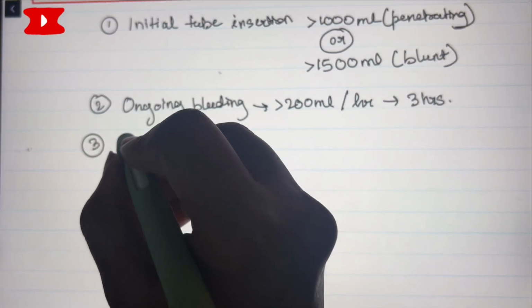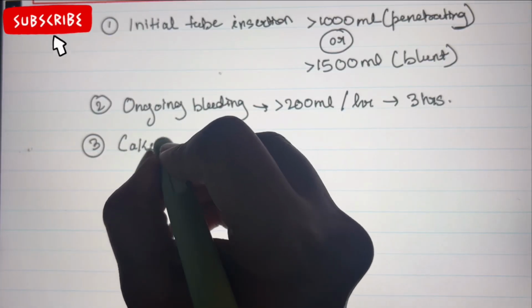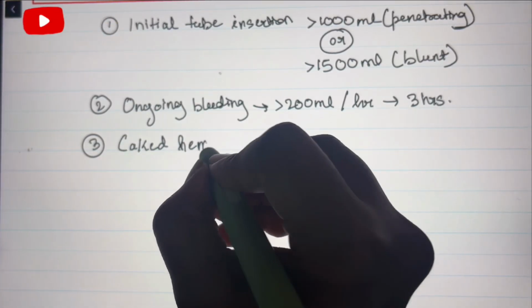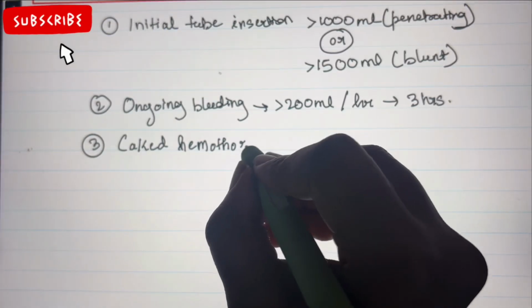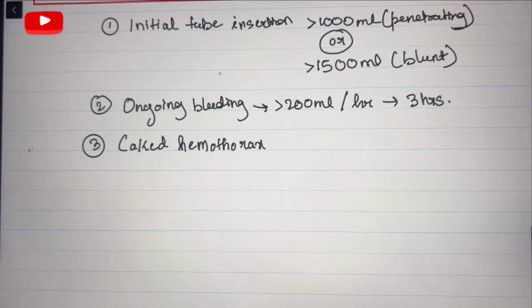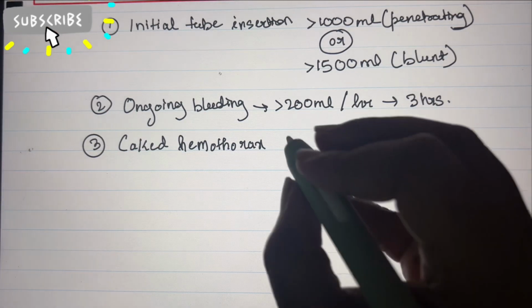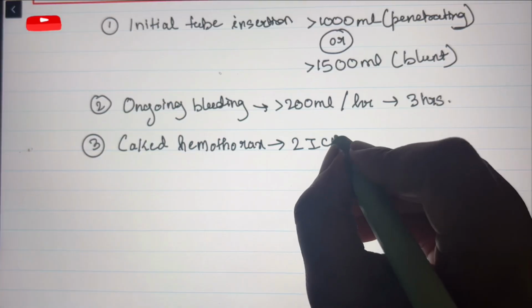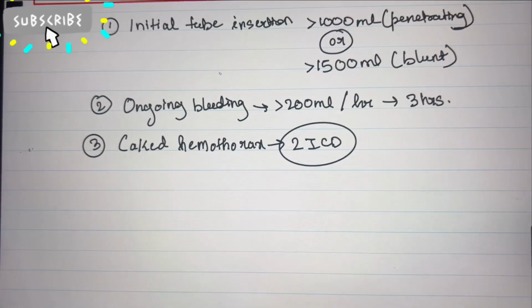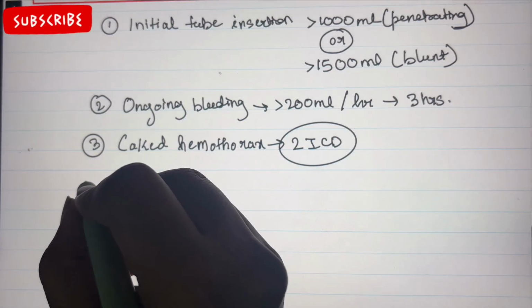Number 3, if there is caked hematoma, even after insertion of ICD, because of the formation of the hematoma, the blood is not coming out and the lung is unable to expand. And if we have already inserted 2 ICDs, and still there is caked hematoma, then we have to do thoracotomy.